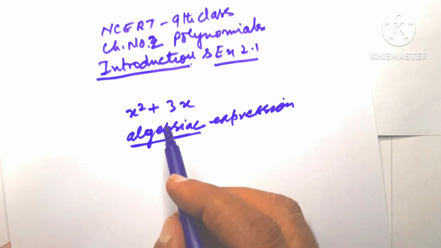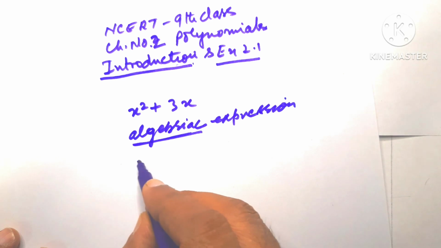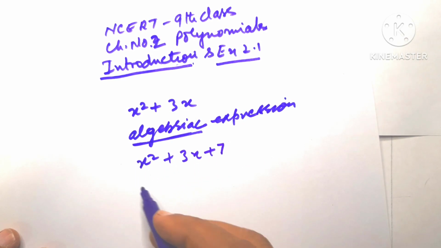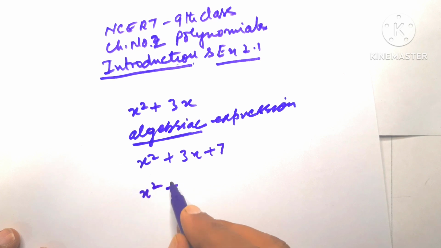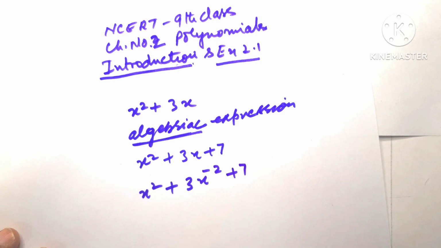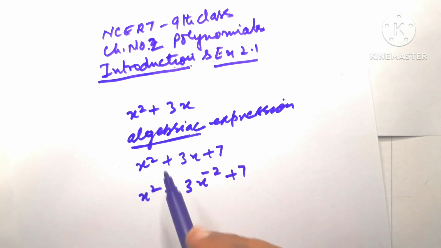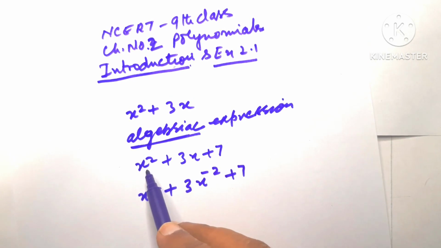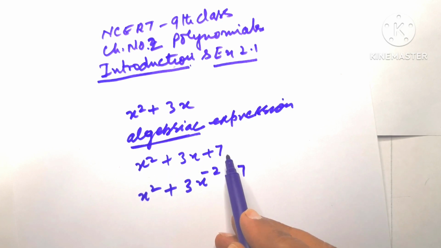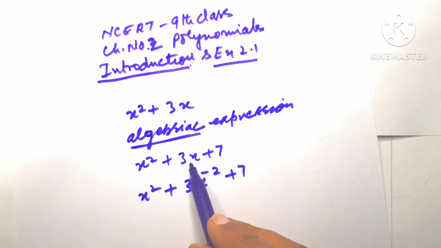Now, suppose I am writing x square plus 3x plus 7, and I am writing x square plus 3x to the power minus 2 plus 7. Now here these are polynomials in one variable only. Here x is the only variable.